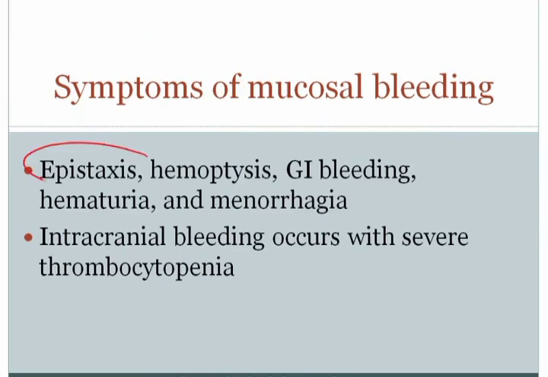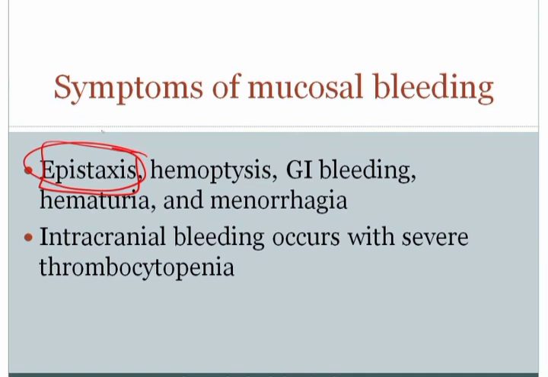For example, the patient can have nose bleeding or epistaxis. They can have coughing up of blood or hemoptysis, GI bleeding, hematuria with blood in the urine, or menorrhagia, heavy menstrual bleeding because the endometrium is also a mucosal surface. So these are some classic signs and symptoms, and actually the most common is epistaxis, and that's why I went after that one and highlighted it for you as I was talking.